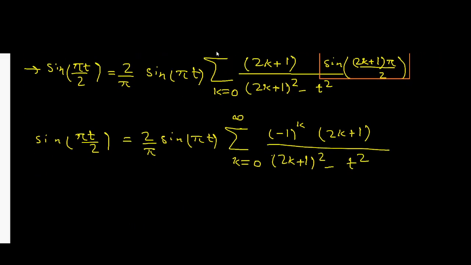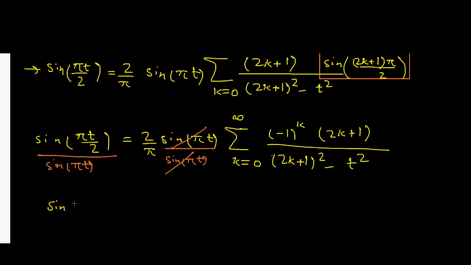The obvious step here is that I'm going to divide both sides by sine of pi t. And also I'm going to use the double angle formula, where we can write sine of alpha as 2 sine of alpha half cosine of alpha half.